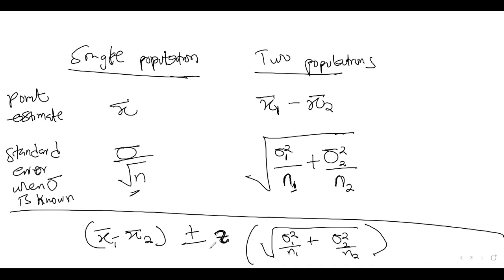So this is how we find a confidence interval for two population parameters when the standard deviation is known.